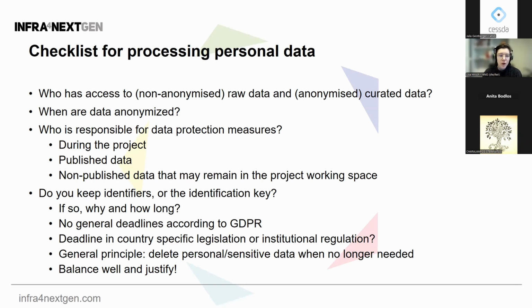So who has access to which kind of data is important during the project and after the project, as I said before. When in the research project are data actually anonymized? Who is responsible for these measures? And where are the identifiers kept, if they are kept, in an identification key?